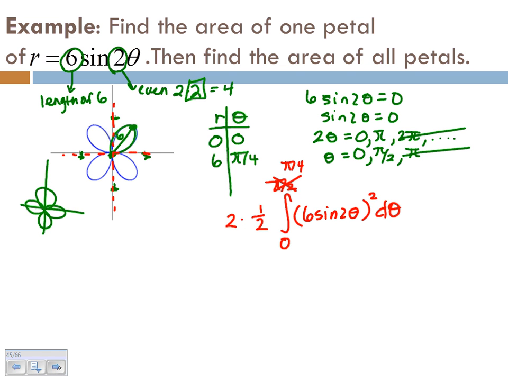First find the area of one petal, then we're going to find the area of all petals. Okay? So let's first find one, and then whatever we get, we would multiply by 4, yes. So this one, you could have done it either way. You could have gone twice from 0 to pi over 4, or you could have left it 0 to pi over 2 and multiplied by half. Okay?